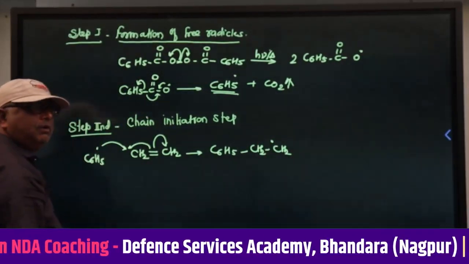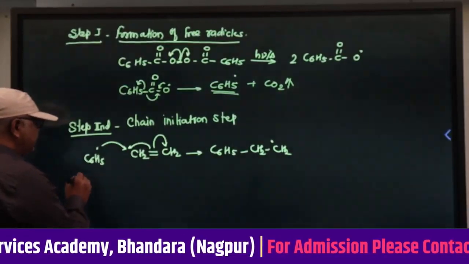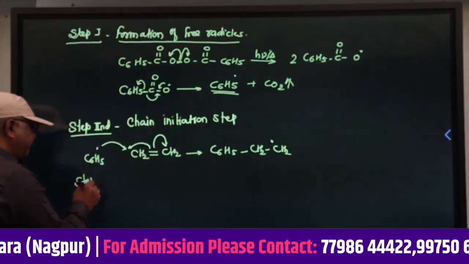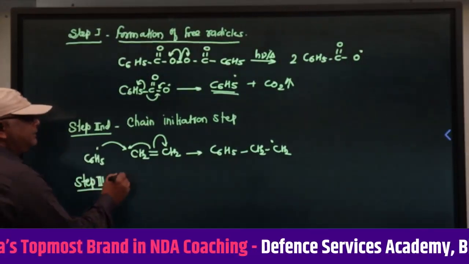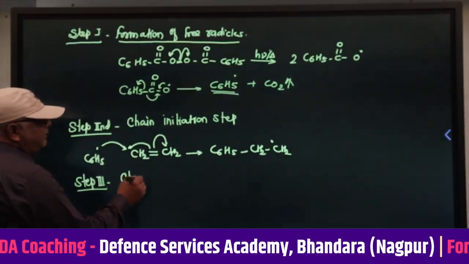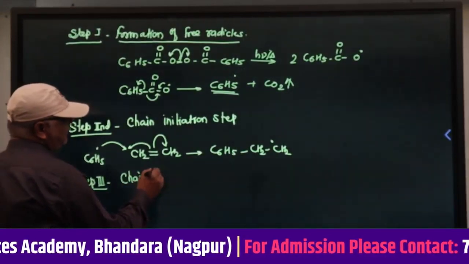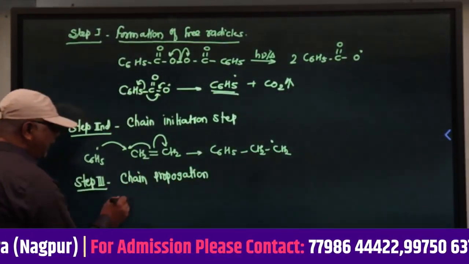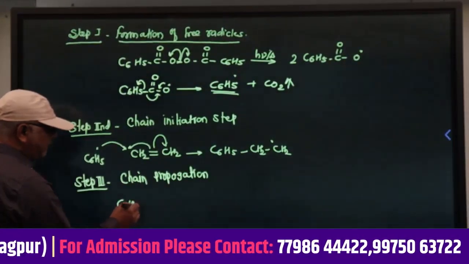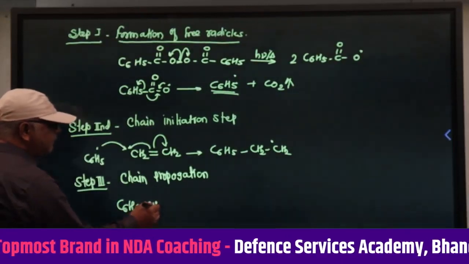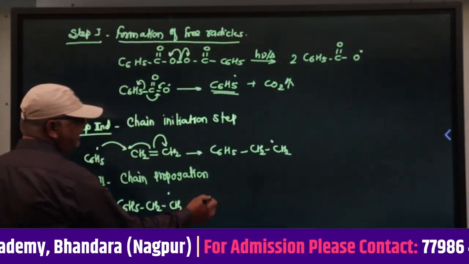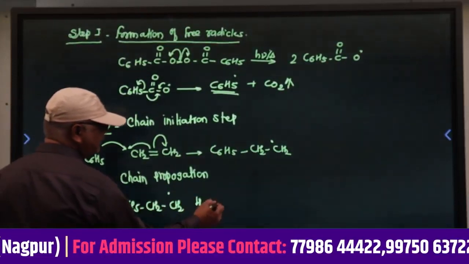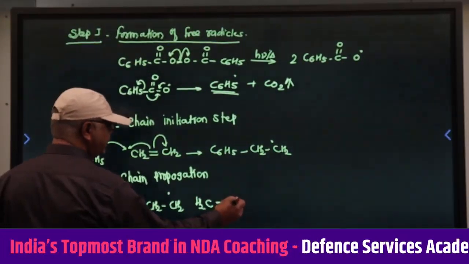Cadets, then the third step is the chain propagation step. Whatever C6H5 CH2 free radical, it attacks on another monomer CH2 double bond CH2.